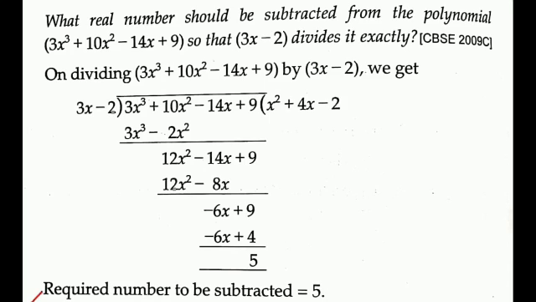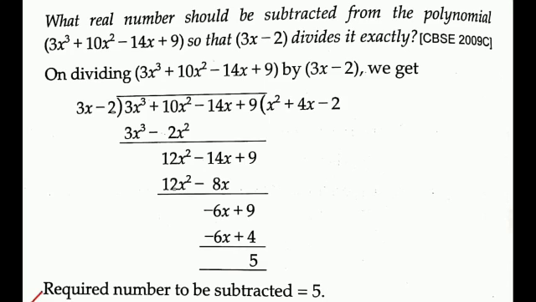For the third term of the quotient, minus 6x should be divided by 3x and here we have minus 2. So multiply 3x minus 2 by minus 2 and we have minus 6x plus 4. After simplification, we are left with 5.